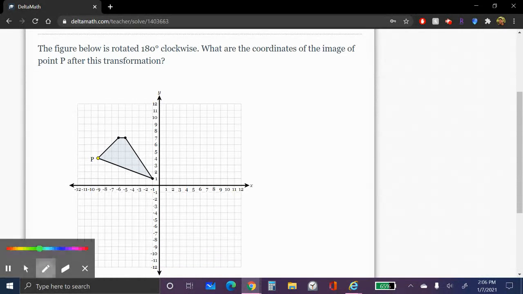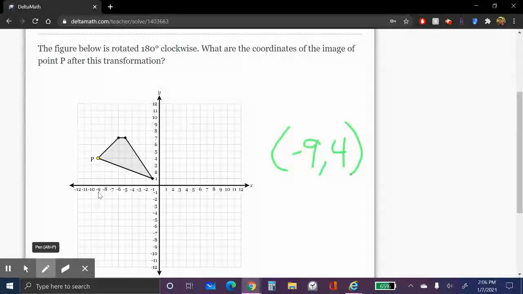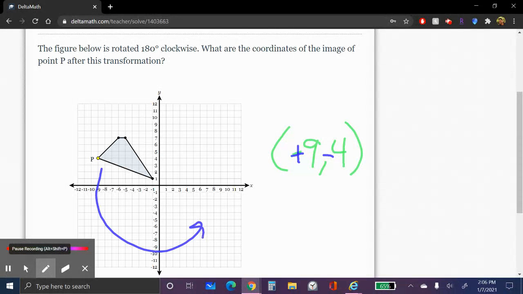Where are we at? -9, 4. Now, when I rotate this 180 degrees, it's going to end up in the 4th quadrant, right? And you just change the signs. In order to rotate 180 degrees, basically just change the signs of the x and the y. So you have 9, -4. That's after you rotate it 180 degrees.